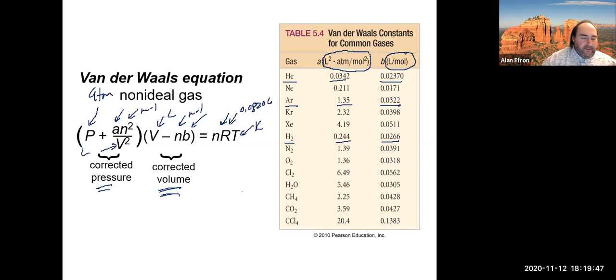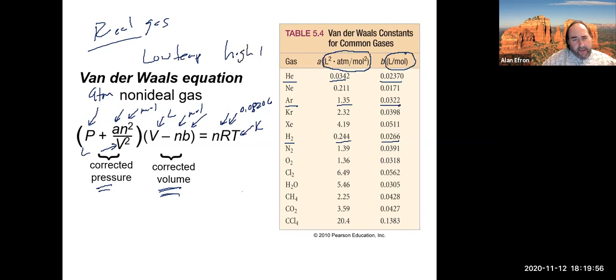And again, we typically use this in our real gas situation, which basically means low temperature or high pressure. So those are the van der Waals, or real gas, situations. Any questions on that? Obviously, if you needed it, those values would be provided for you.